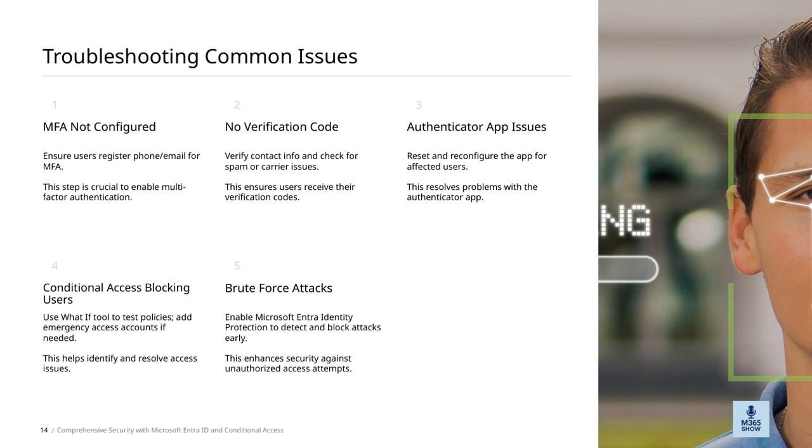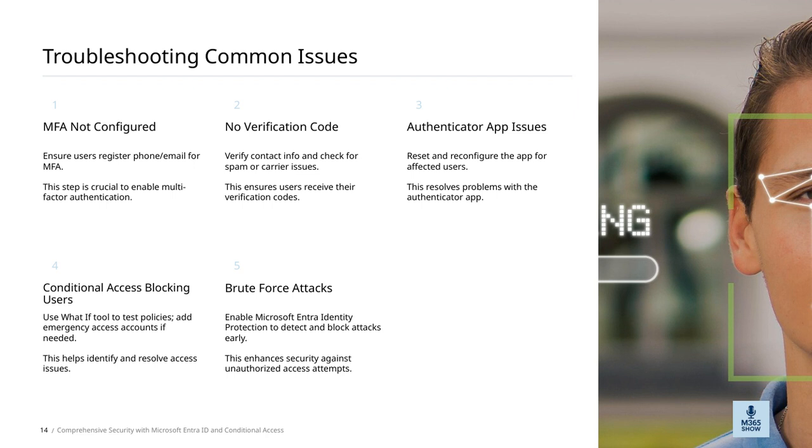This approach helps us identify potential access issues before they become major problems. If users are being blocked by conditional access policies, the solution often involves resetting and reconfiguring the affected applications. This simple step can resolve many access problems and restore smooth operation.